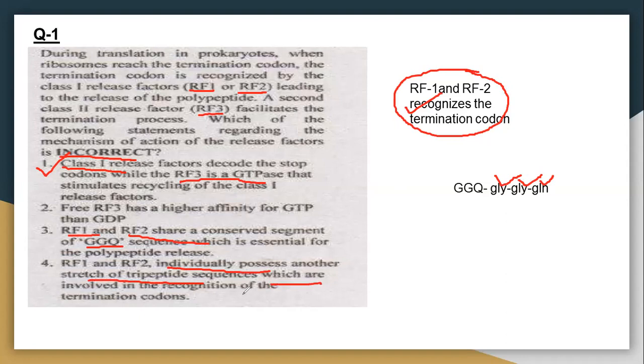Yes, this is also correct. So option 2: free RF3 has a higher affinity for GTP than GDP. No, this is wrong. So option 2 is the answer. Now the next question.